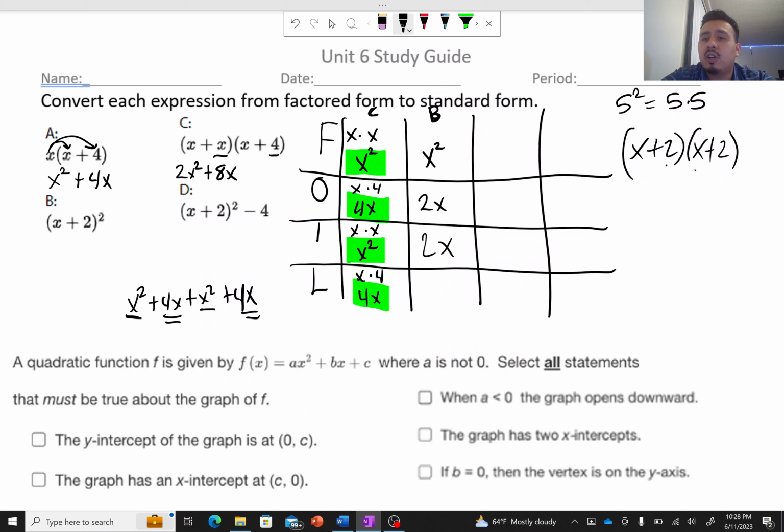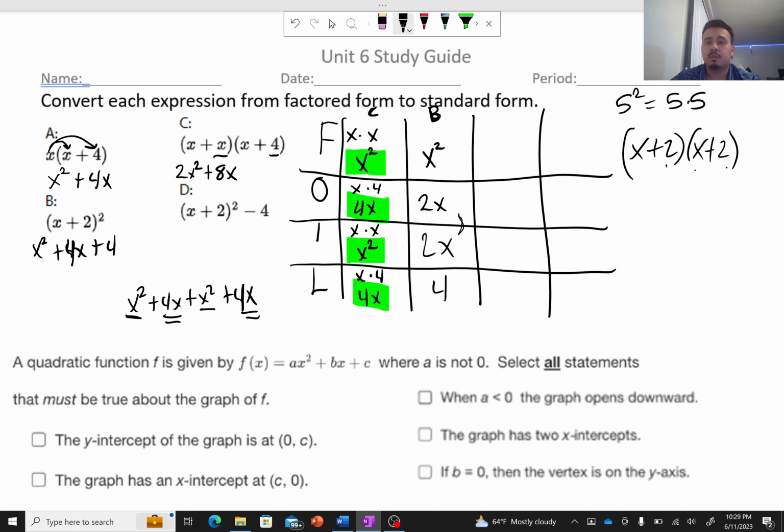The last terms, 2 and 2, give me 4. Now I'm going to add them together, and by that I mean I can combine the two middle terms. I can always combine these two; it was just that first one, letter C, that was a weird case. So my answer for B should be x squared plus 4x plus 4, okay?